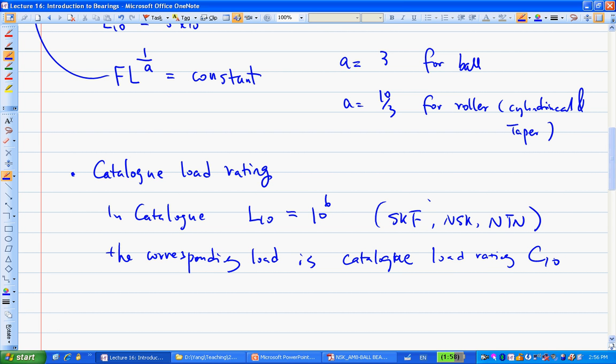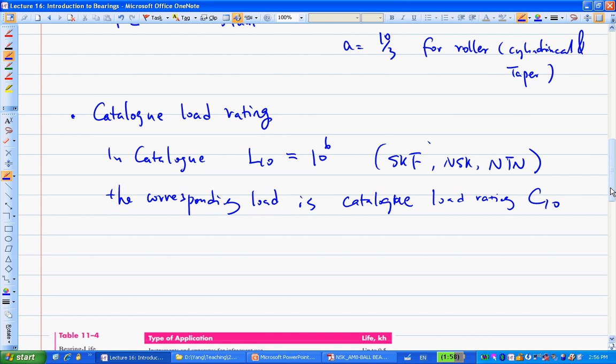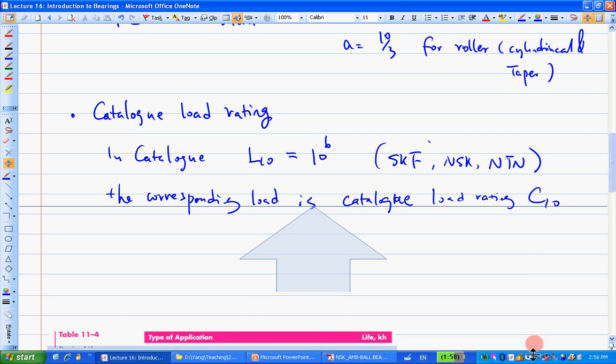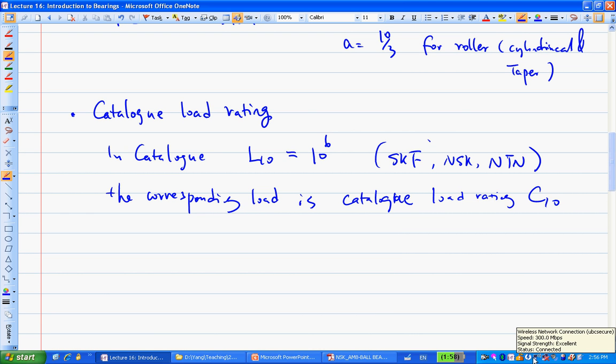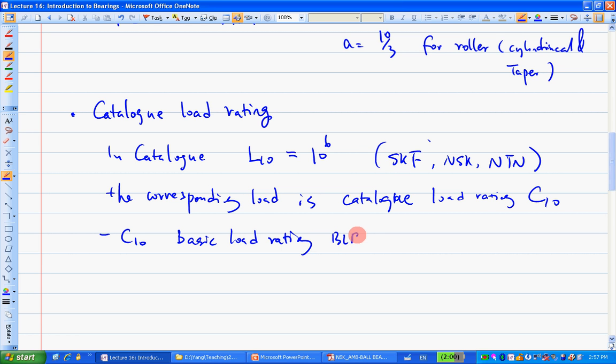C10. Okay, so when you see C10, that means it's the catalog load rating corresponding to 1 million cycles. So sometimes the C10 is also called the basic load rating, BLR.